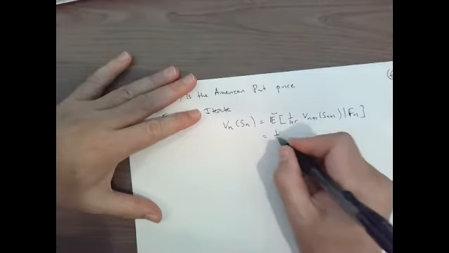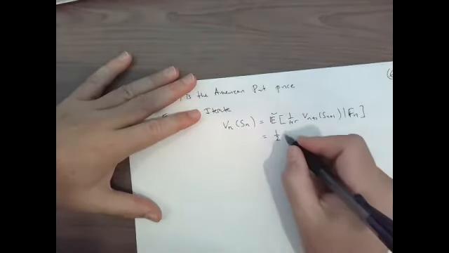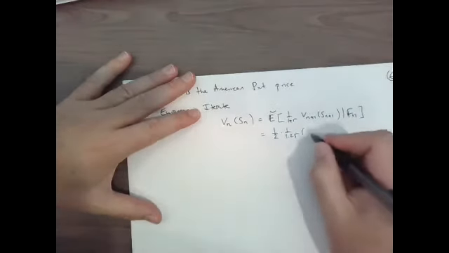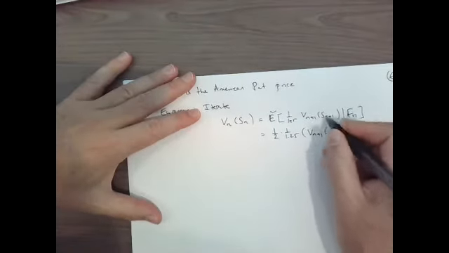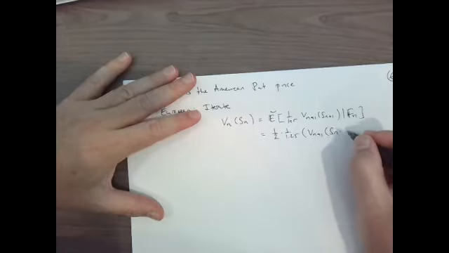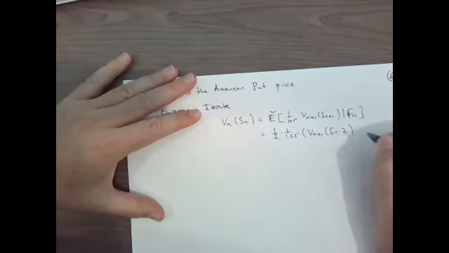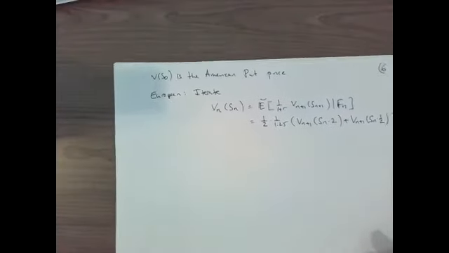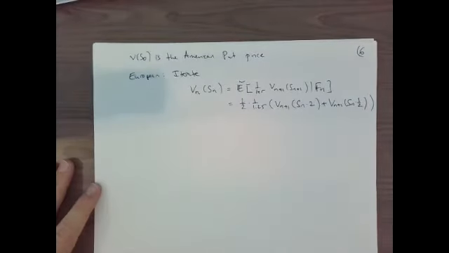In this setting, it would be a half because those are the risk-neutral probabilities, times 1 over 1.25. Then you would have V_{n+1} at S_n times the up factor, up was 2, plus V_{n+1} at S_n times a half, because that was the down factor. That would be the European one.